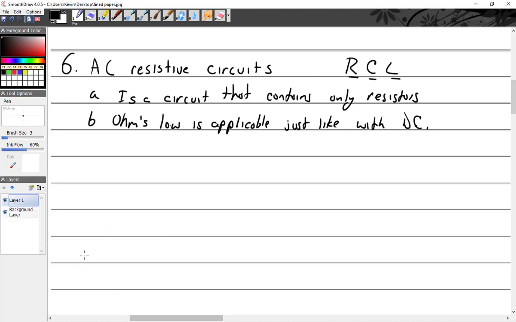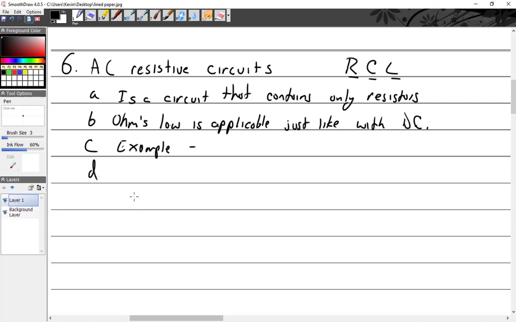I have an example here, but I'm not going to waste time on the example because if you don't know it by now, you don't know it by now. It's exactly the same. I should be able to make any example I want.